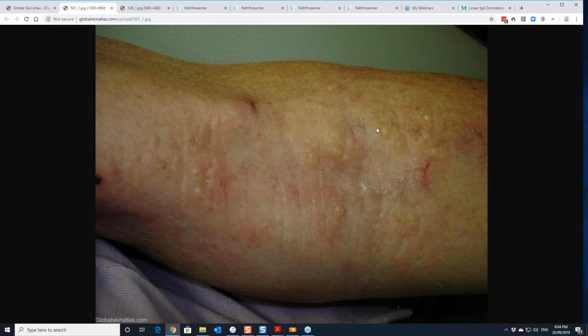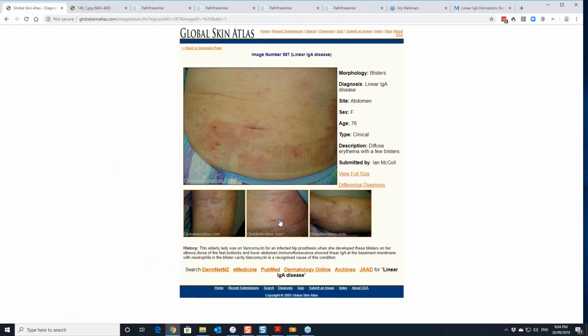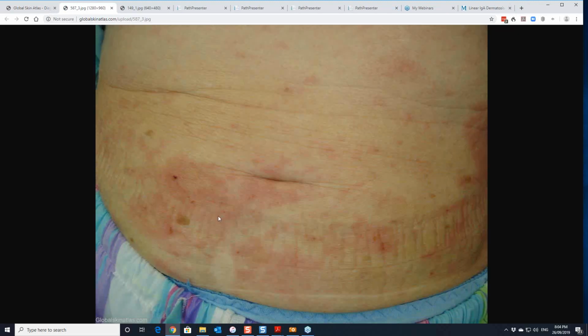But let's have a look at these. A mixture of blisters here, isn't it? Some of them don't appear to be occurring on the red base, others do. They're intact blisters. The thick-walled appearance means it's a deep split. Let's have a little look here at the abdominal wall. See, this could almost be the pattern of prebullous pemphigoid. You've got this diffuse erythema.